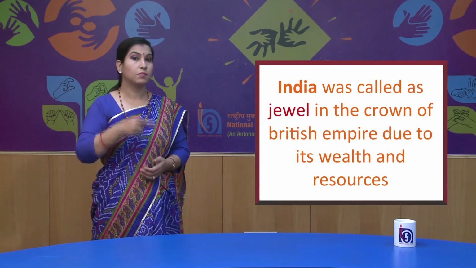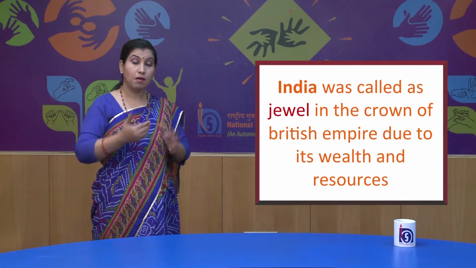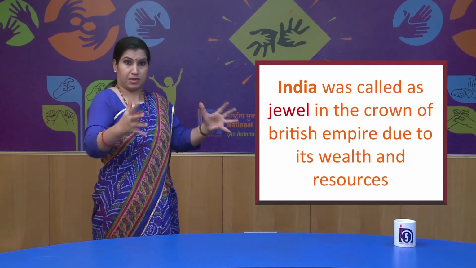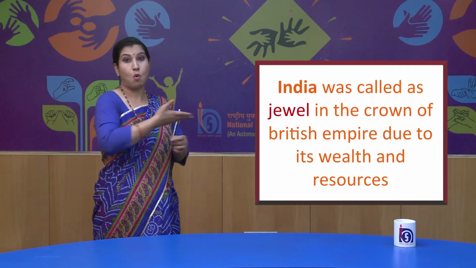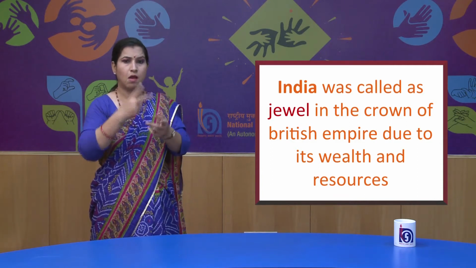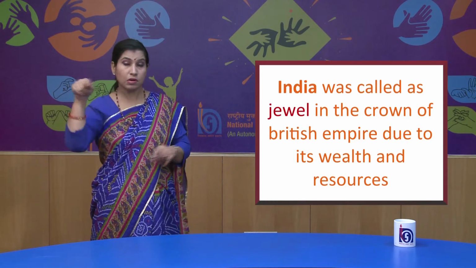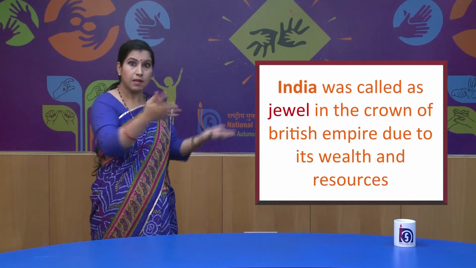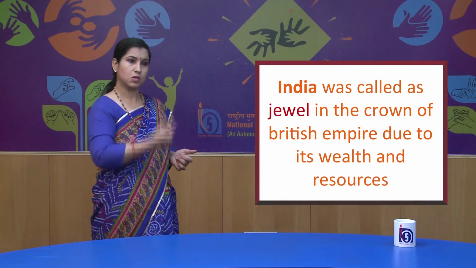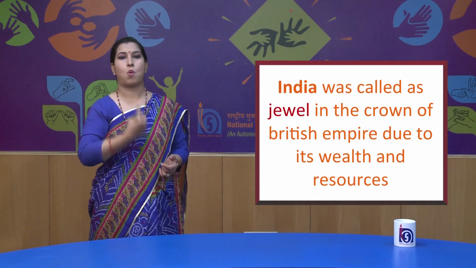It was because India was the biggest and wealthiest among all the colonies of Britain. And the only aim of the British was to use the wealth of India for their own benefit. Most of the political, economic, and social policies of the British were against Indians.